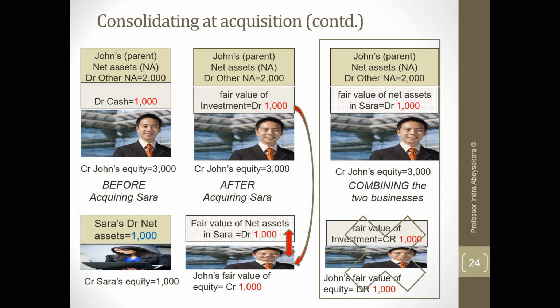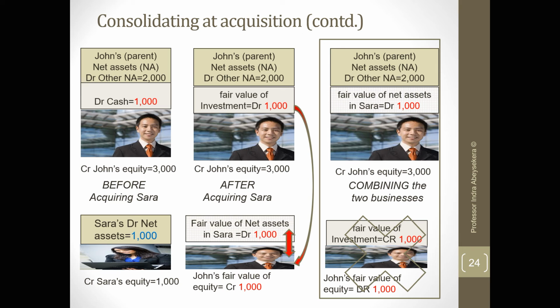But John is not liquidating Sarah's company but running that company as a separate company. So when it comes to business combination, John's original company is a parent company, and the company acquired by John becomes the subsidiary.